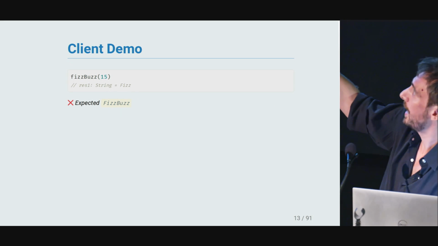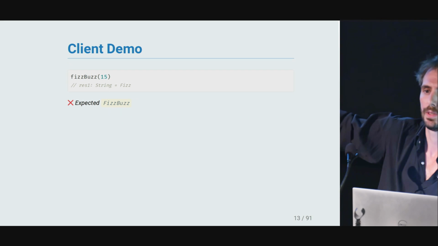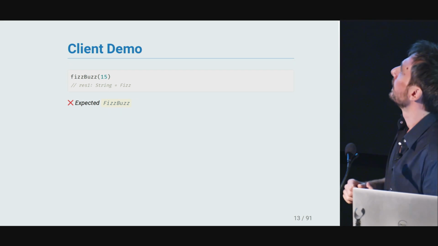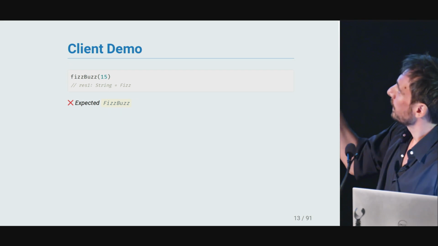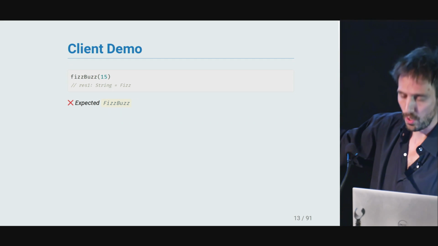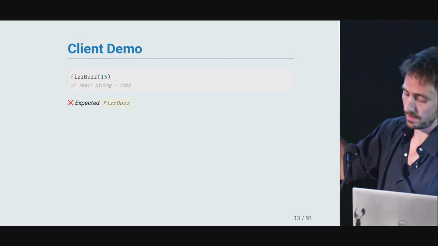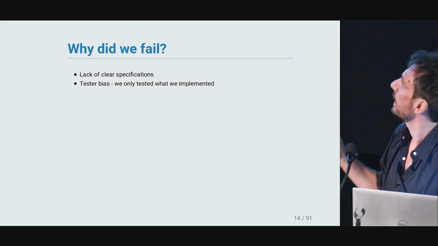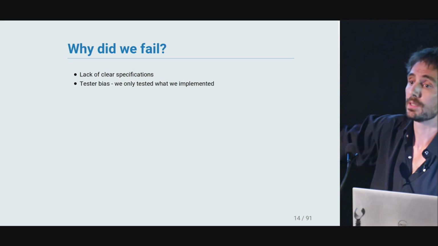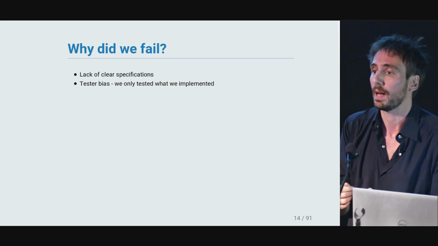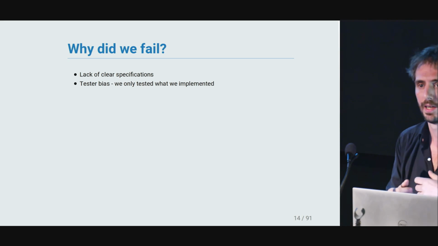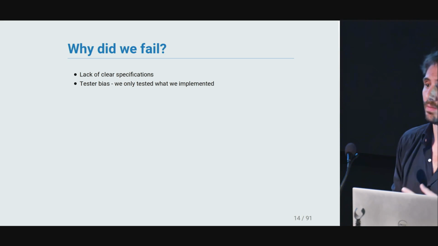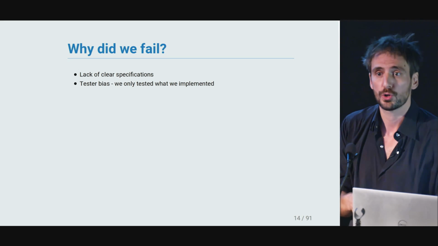a problem. Ha! If I give you 15, it doesn't do what I expected. Now, the first problem is the client was not very nice with you because he withheld information. He didn't tell you that something special was supposed to happen in the case of divisible by 3 and by 5. And even if you think about it, you're not sure what you should be doing.